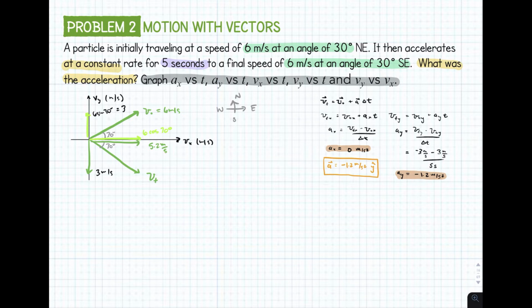Okay, so remember our v sub x initial is equal to our v sub x final, which is 5.2 meters per second. Our vy initial is going to be 3 meters per second, and our vy final is going to be negative 3 meters per second. Sorry, not squared.